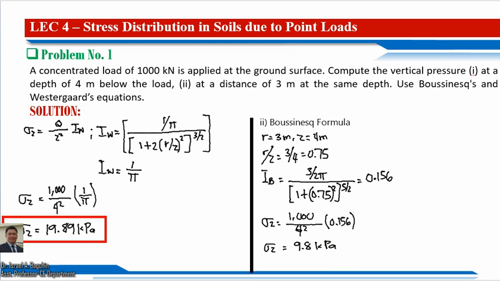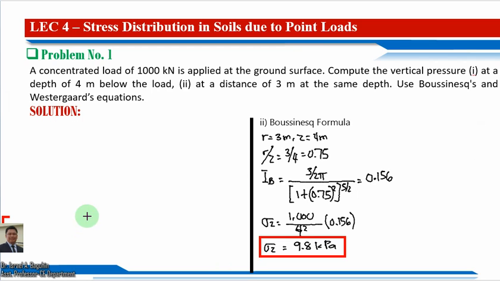So we are done with this Boussinesq formula for the vertical stress for this point P, and then we are going now to determine our sigma z using the Westergaard.